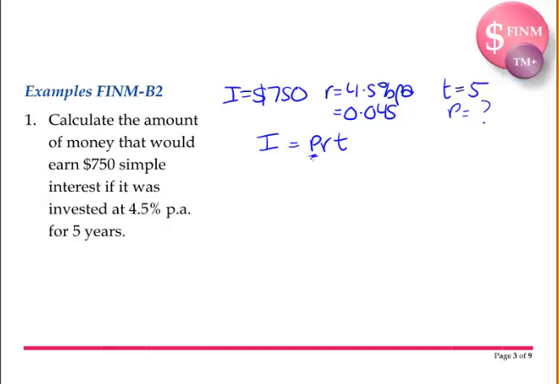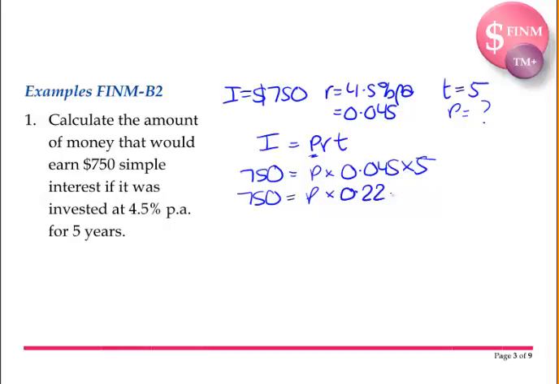Now you can substitute in and then rearrange, or you can rearrange your formula first. Personally, I think it's easy to substitute first. So we go 750 equals P times 0.045 times 5. Now on the right hand side, if you go 0.045 times 5, you get 0.225.